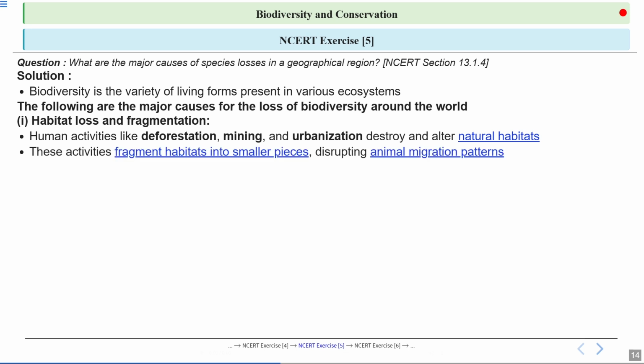Now, fragmentation of habitats into smaller pieces disrupts animal migration patterns by creating barriers that prevent animals from moving freely between their breeding, feeding, and sheltering areas. This can lead to reduced genetic diversity, increased risk of local extinction, and imbalances in ecosystem, as animals may not have access to sufficient resources or be able to escape predators.